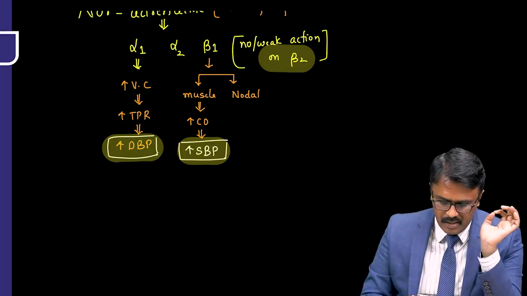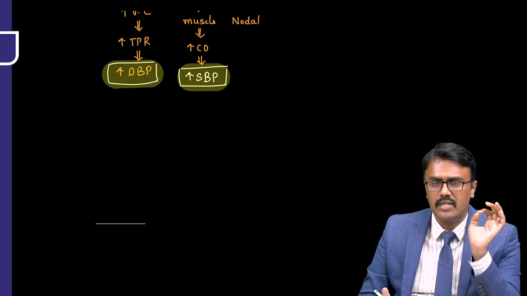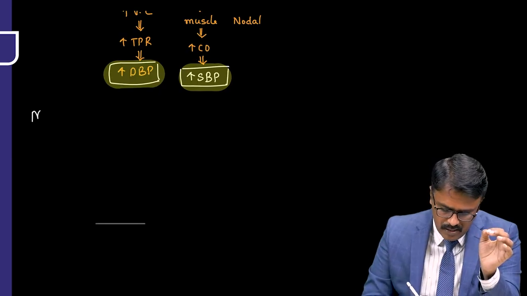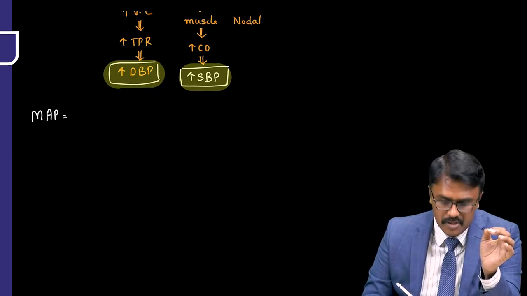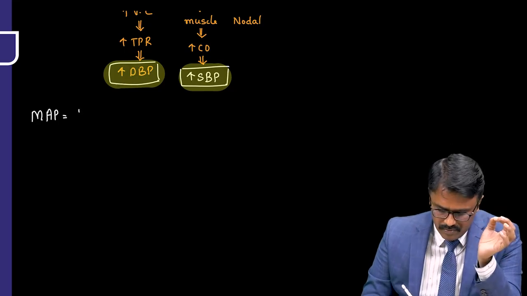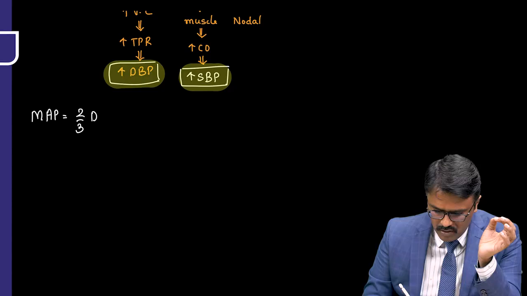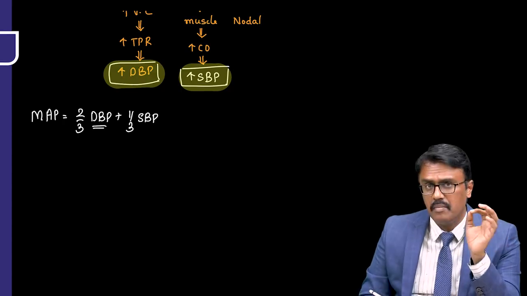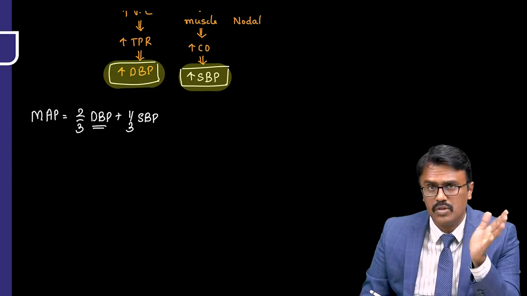Very good. Now, when the systolic and diastolic blood pressures are increased, we have a pressure called mean artery pressure. Sir, what do you mean by mean artery pressure? It is a combination of 2/3 of diastolic blood pressure plus 1/3 of systolic blood pressure. So the major contributor for mean artery pressure is diastolic because it is 2/3.